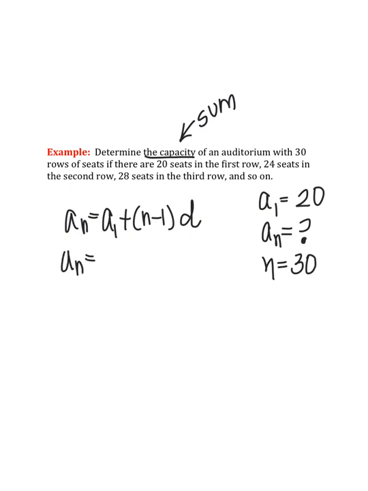So that's just going to remain my variable, if you will. A sub 1 is 20. It's 30 rows, so 30 minus 1. And then my common difference, I need to look here. So I'm going from 20 to 24 to 28. So my difference is 4. So putting all this into my calculator, that last row has 136 seats.